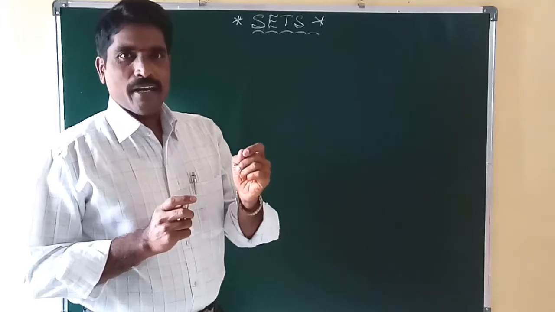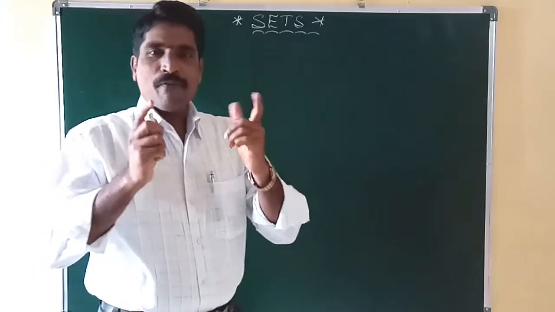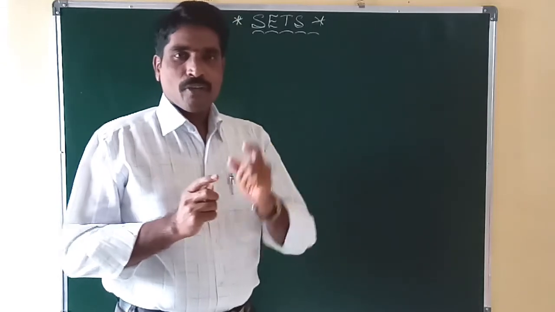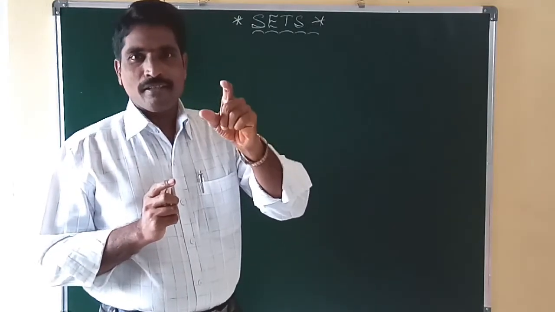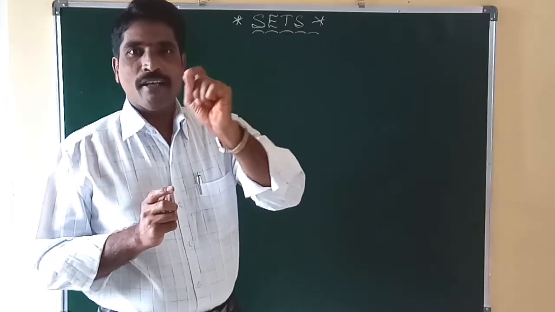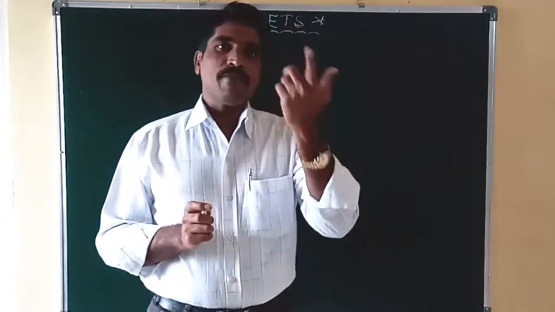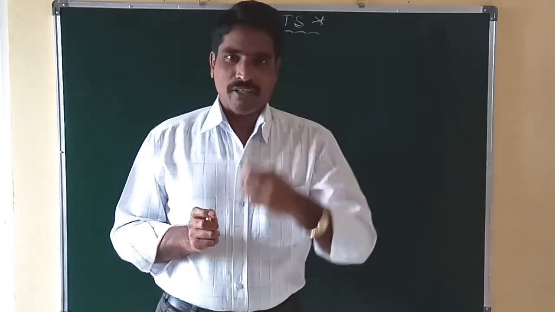What do you mean by a set exactly? A set can be formed by anything, a group of letters, a group of things which are well defined or distinct. What do you mean by well defined or distinct?